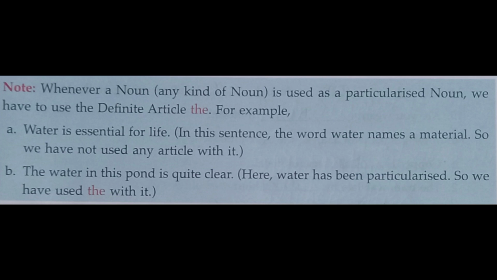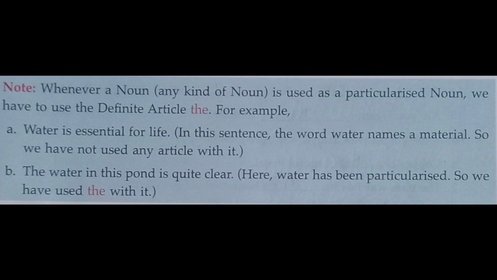Now, there's a very important note. Whenever a noun, any kind of noun, is used as a particularized noun, we have to use the definite article the. For example, water is essential for life. Here, water is a material noun. That's why we have not used any article before water.